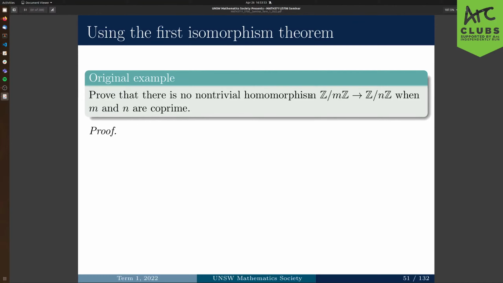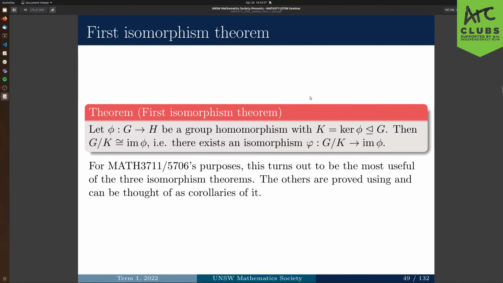But I can just prove that the cardinality of the image is 1. If I look back, this gives me one statement about the image: namely, that the image is isomorphic to this quotient group here. So this is one way I can view the image, and then I can use Lagrange's theorem to get a handle on the size, because one property I don't think I mentioned is that if you've got two groups that are isomorphic, they've got the same number of elements.